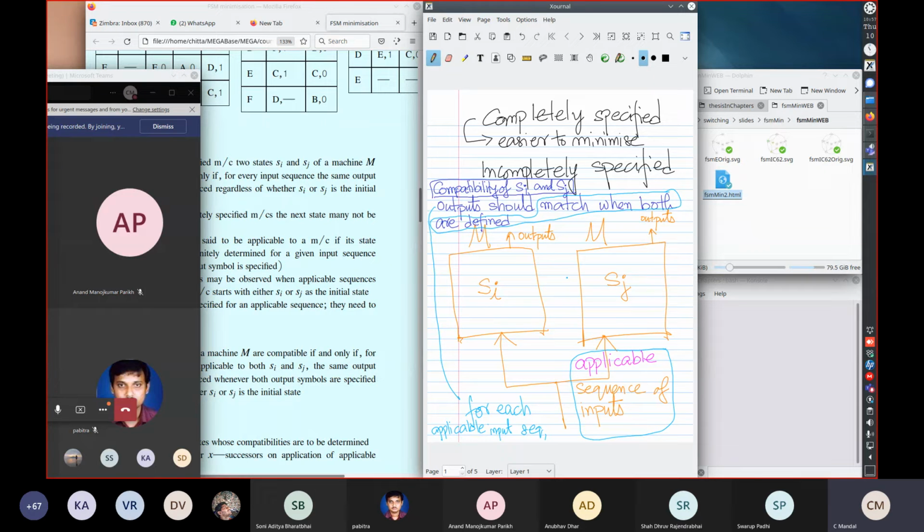You're not defining that state, so you will not consider the compatibility of those two states, because these are input sequences which are not applicable to those. In practice you might take the machine to a dead state or something like that.